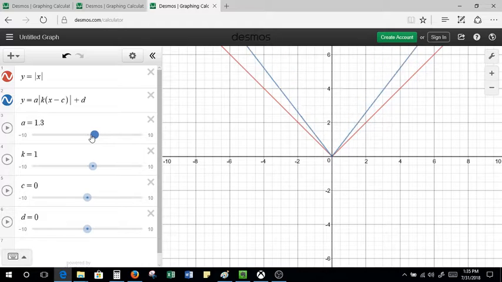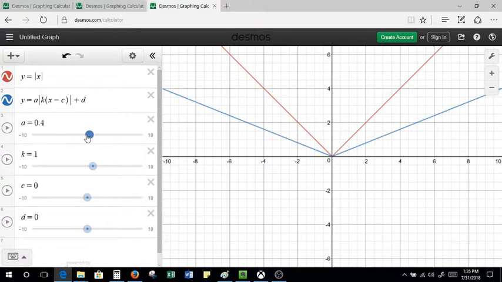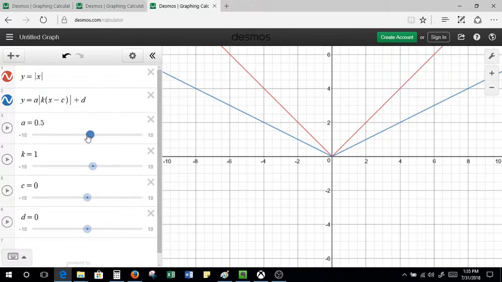And we could go the other way. Vertical stretch by a factor of 0.5, or you're shrinking by twice as much. However you want to look at the vertical stretch and shrink when it is phrased that way. But if we made A 0.5, we would expect to go half as far up for the same horizontal distance. And we see that that is true.